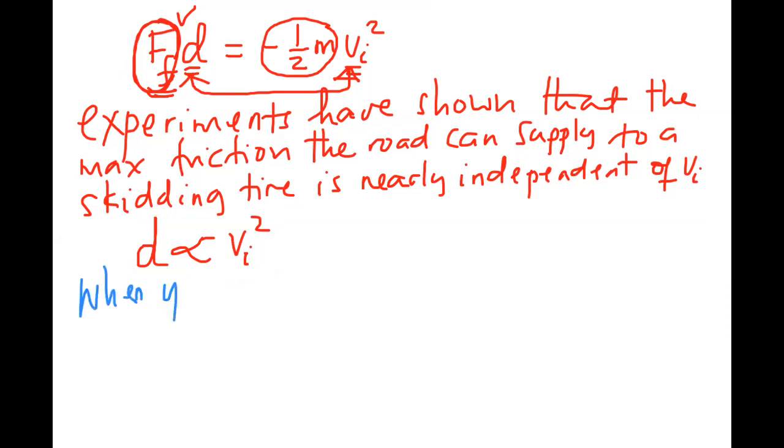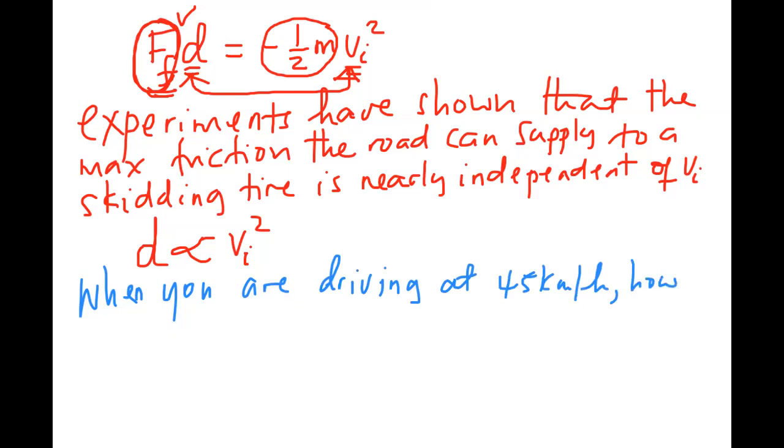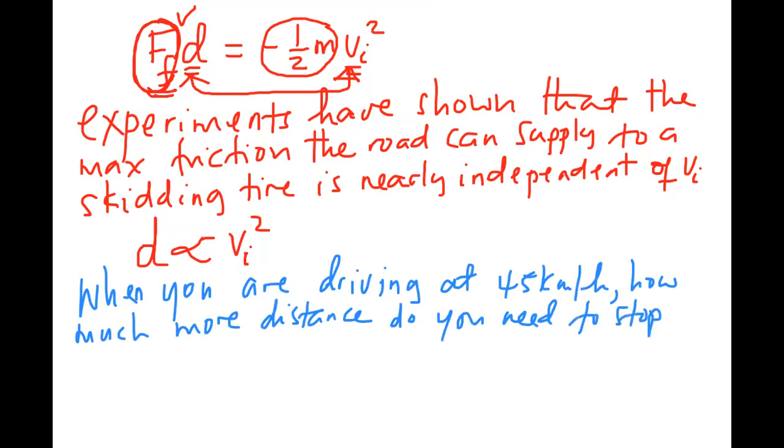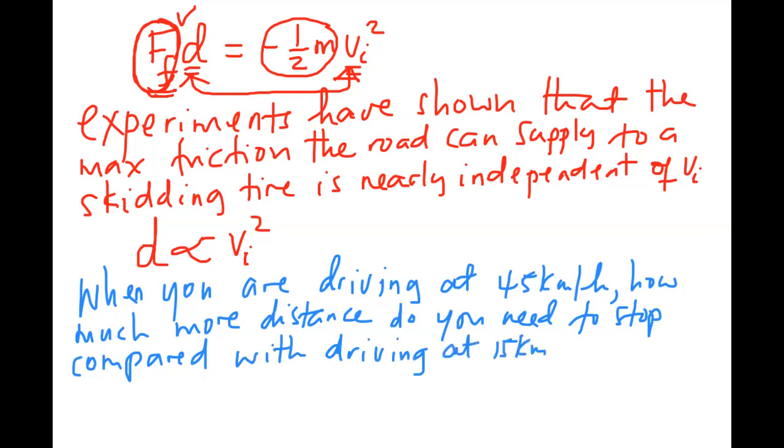So when you are driving at, let's say you are driving at 45 kilometers per hour, how much more distance do you need to stop, compared with driving at 15 kilometers per hour?